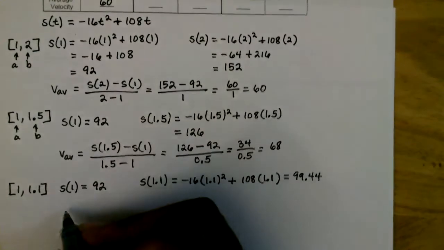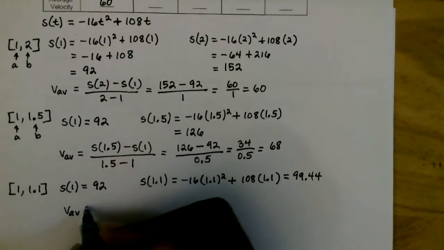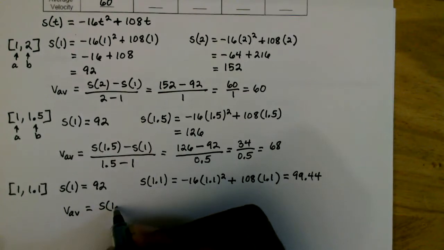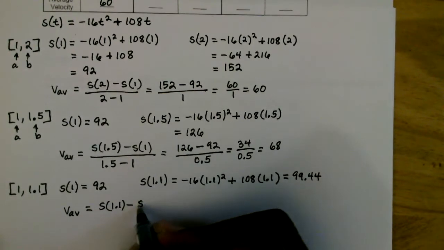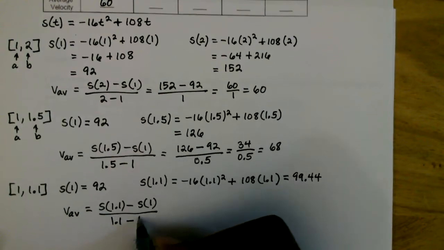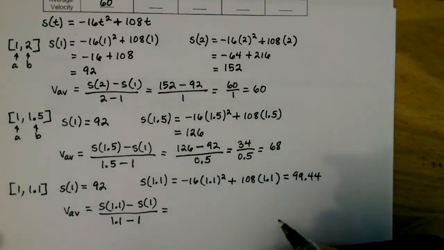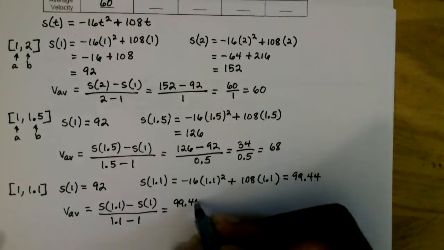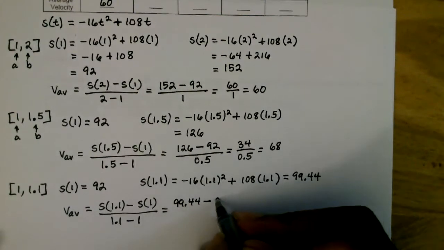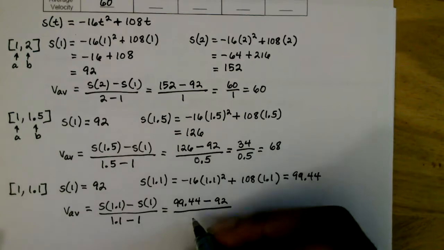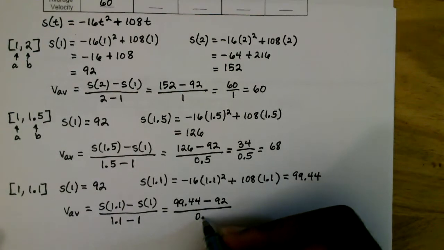And then find its average velocity between 1 and 1.1. So this will be S of 1.1 minus S of 1 divided by 1.1 minus 1. Well, S of 1.1, that's 99.44, minus S of 1, that's 92, divided by 1.1 minus 1, which is 0.1.